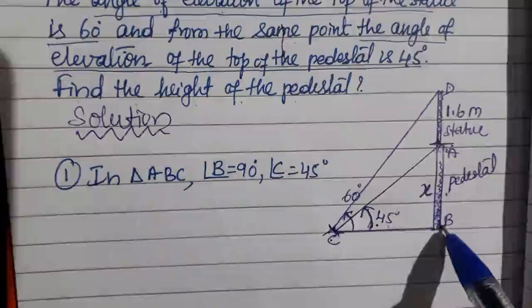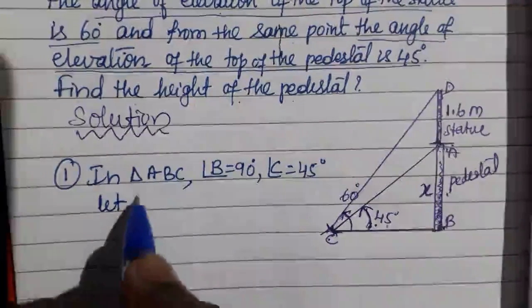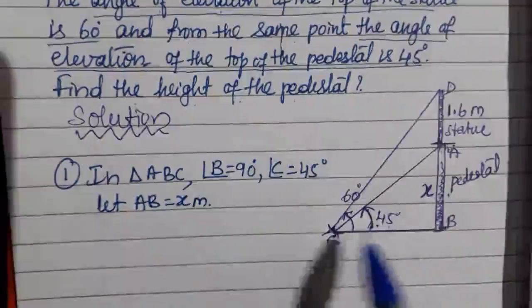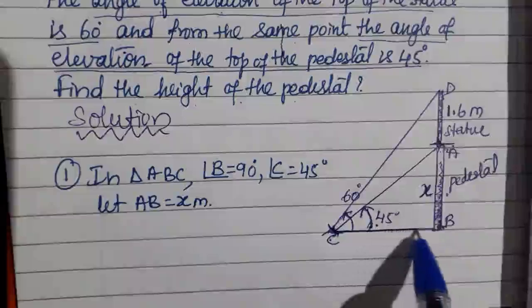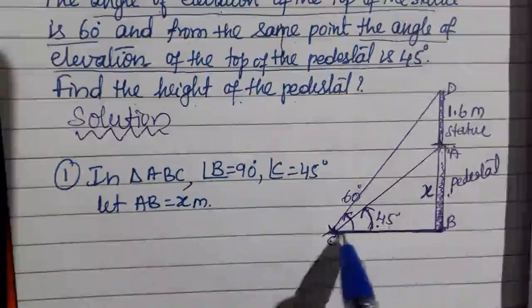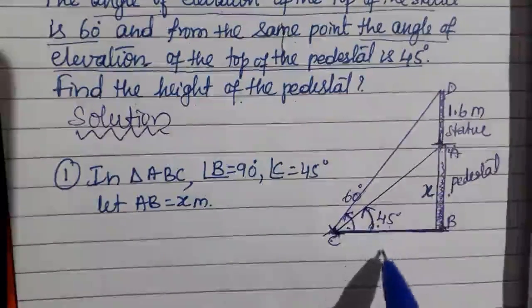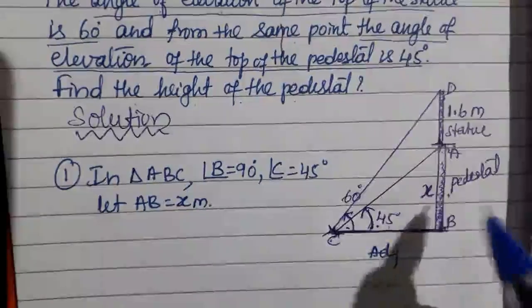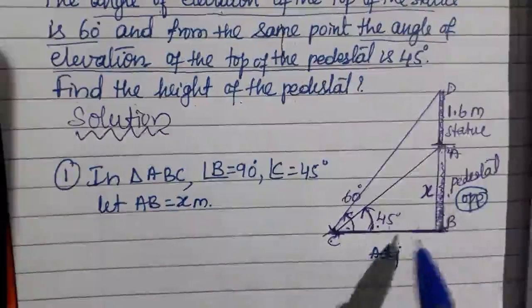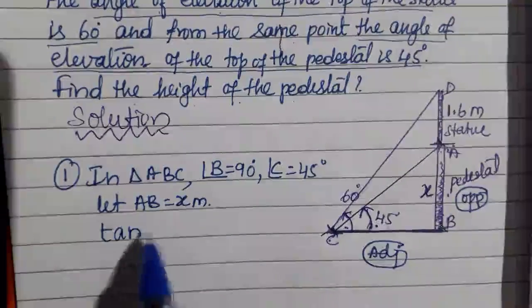Now AB we don't know. So I have taken let AB is equal to x meter. Now first I need the distance between the point and the pedestal. I need BC. So with reference to C, this is adjacent side. With reference to C, AB is opposite side. Opposite by adjacent is nothing but tan. So I will take tan ratio.